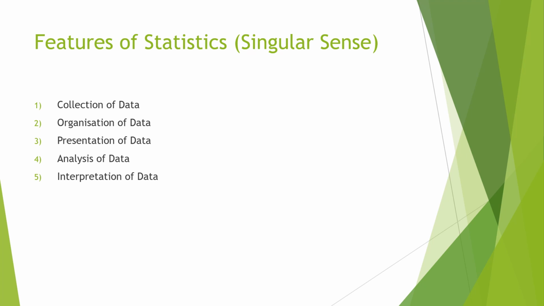Now we are going to study features of statistics in singular sense. These features are completely based on the meaning of statistics in singular sense. In singular sense, statistics refers to a science in which we deal with all those techniques and methods that we apply from the collection of data to the interpretation of data.